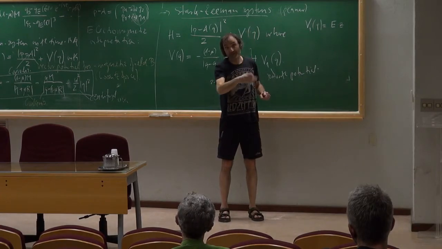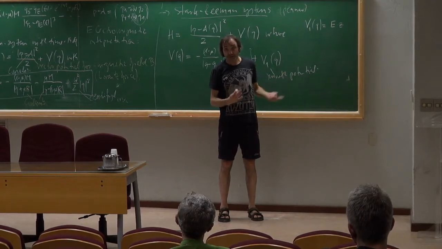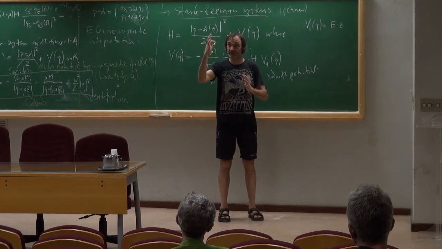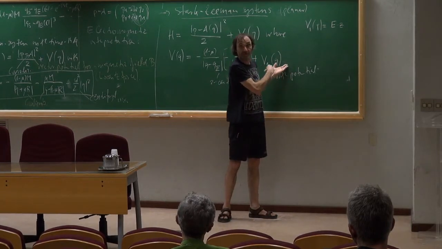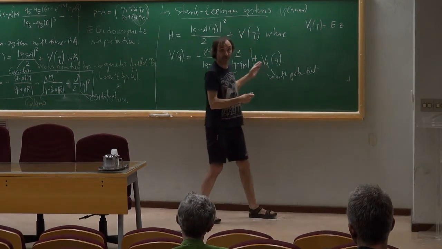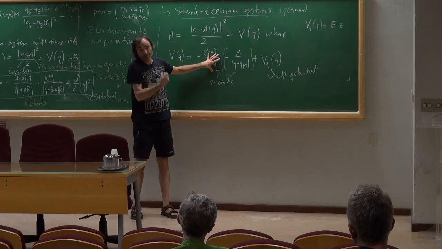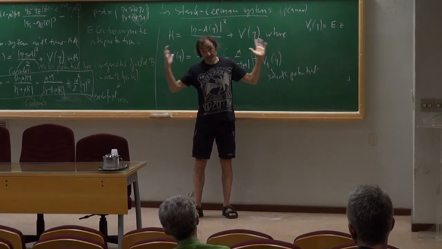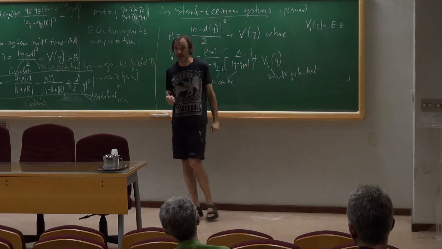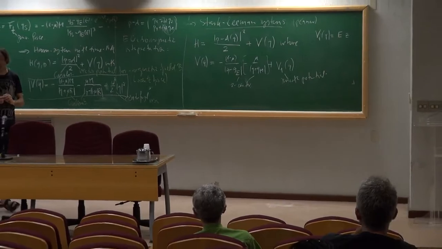That would be the potential which generates a constant field. If you take its gradient, it gives you a constant electric field pointing in the z direction. So this would be part of the smooth potential. It has the singular Coulomb potential coming from the proton, and then a smooth potential which generates a constant external electric field. That would be the Stark system, and likewise the Zeeman system with a constant magnetic field.